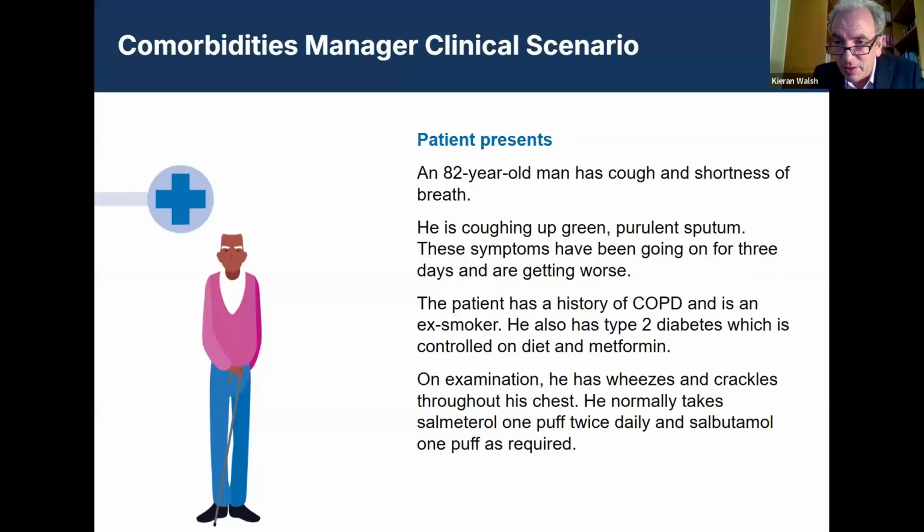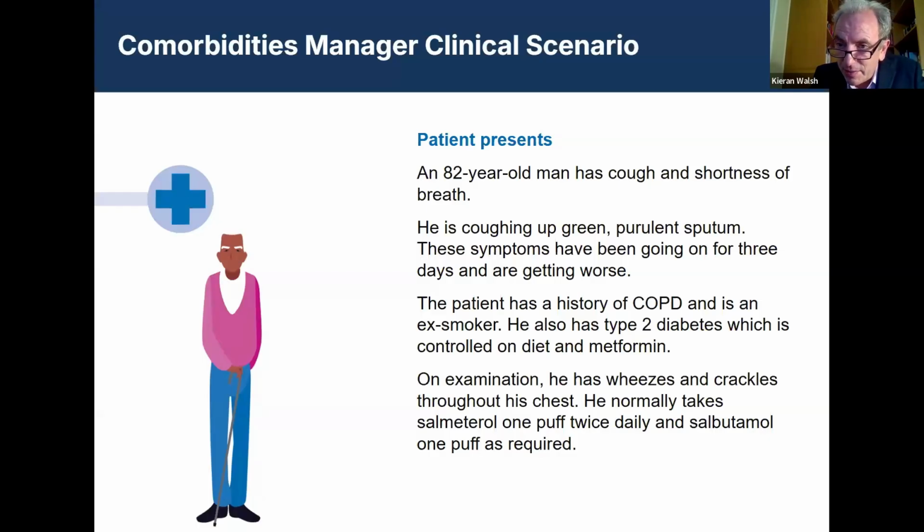We're going to start off with a very brief clinical scenario. Say an 82-year-old man has cough and shortness of breath, and he's bringing up green purulent sputum. He has a history of COPD and also type 2 diabetes, which is controlled on diet and metformin.